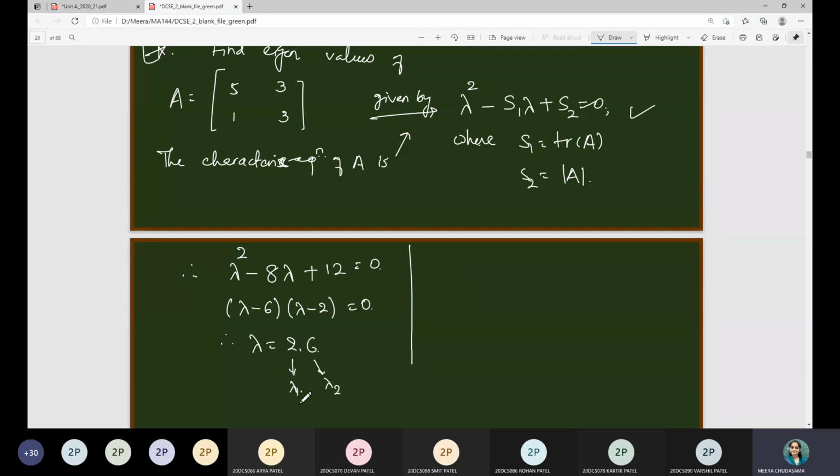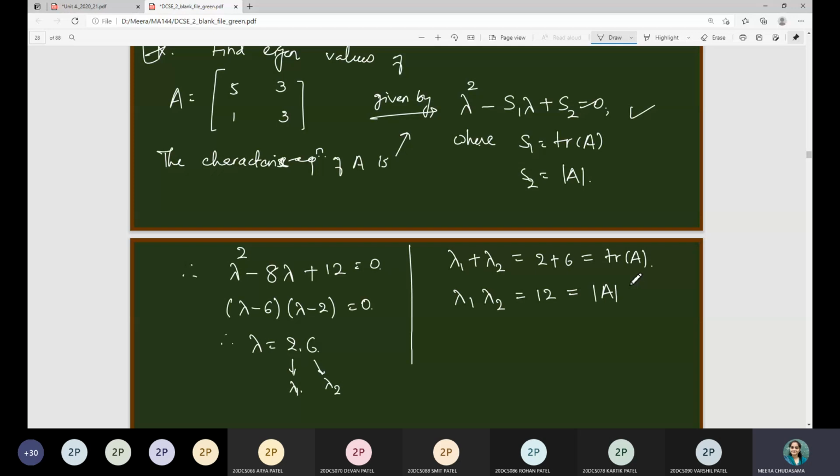If you observe here, the sum of eigenvalues is 2 plus 6, which is the same as the trace of the given matrix, 5 plus 3, that is 8. As well as the product of the eigenvalues, in this case 6 into 2, that is 12, is the same as the determinant of this matrix, 15 minus 3.